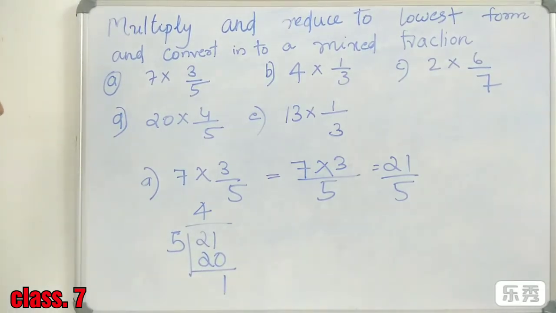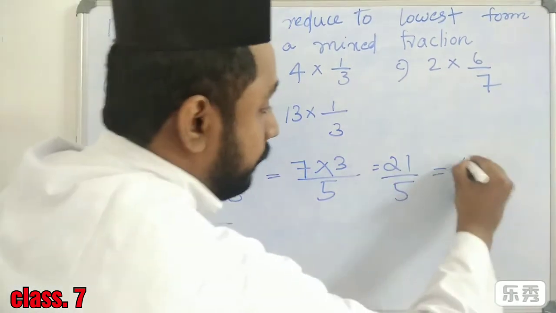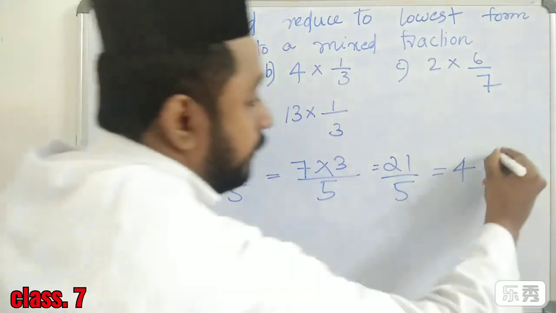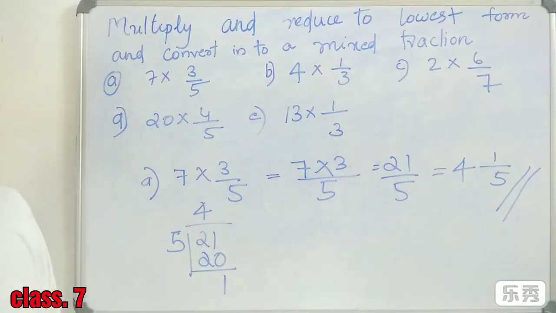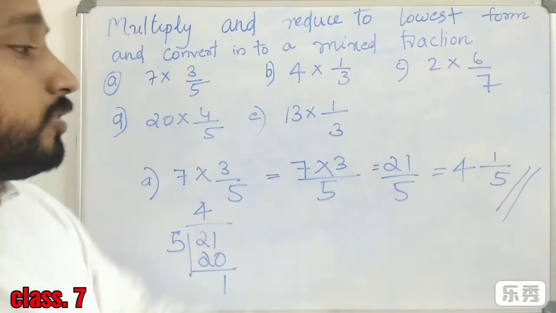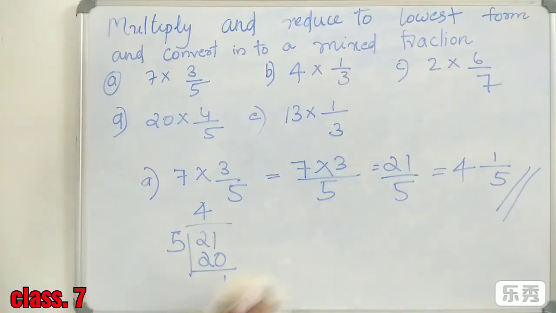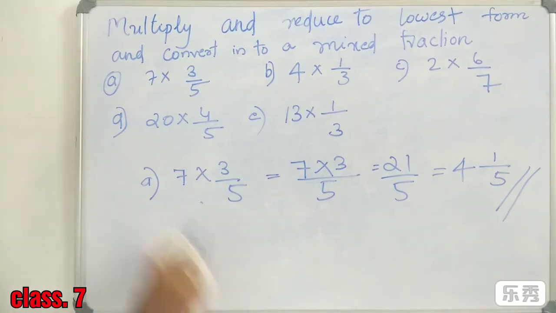So the quotient is 4, remainder is 1 by 5. So the answer is 4, 1 by 5. So 7 into 3 by 5 is equal to 21 by 5, which is equal to 4, 1 by 5. That is the mixed fraction of 7 into 3 by 5.